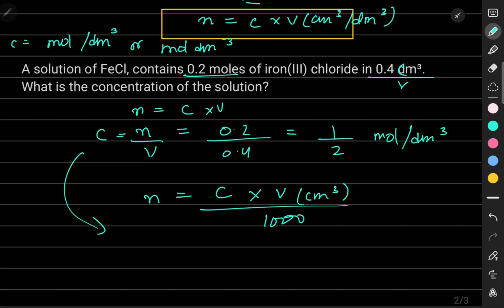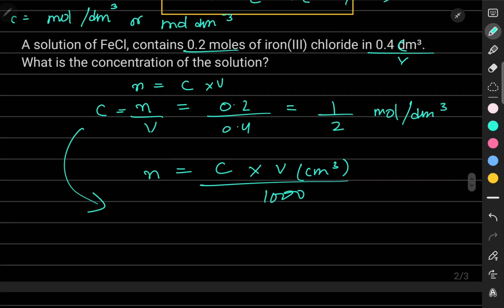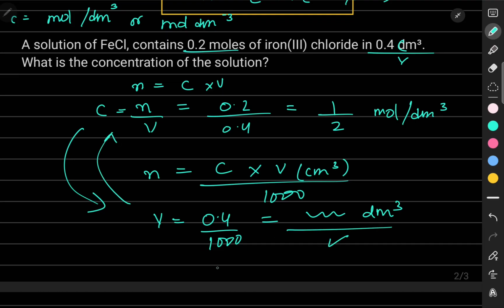So if I solve the same question but supposing the volume is in cm cube, first we're going to convert the volume. So 0.4 divided by 1,000 gives me the answer in dm cube. And then I can use this volume in this equation to calculate the concentration.